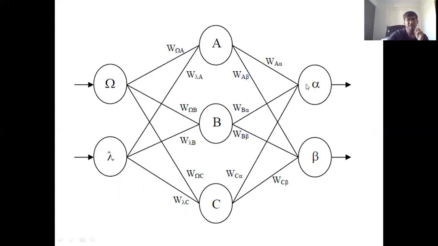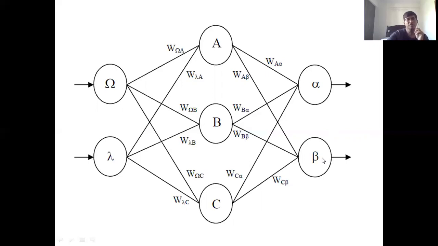In the same method, we would have calculated first the activation input for alpha and beta, and then by applying the activation function, the output at alpha and beta. So this is the forward phase where we would have calculated the output at alpha and beta.